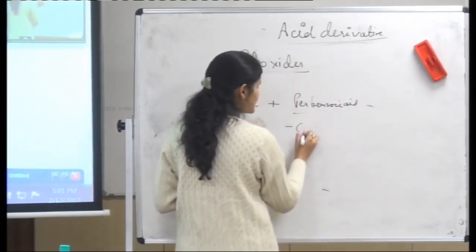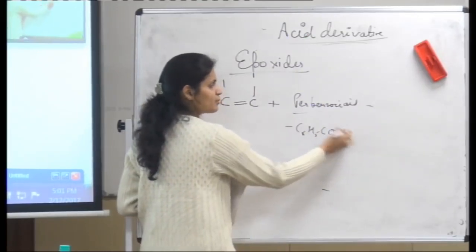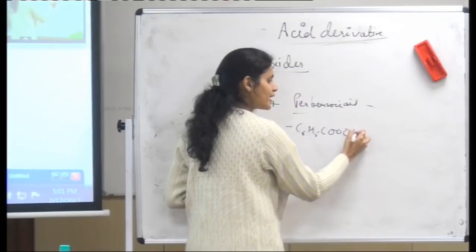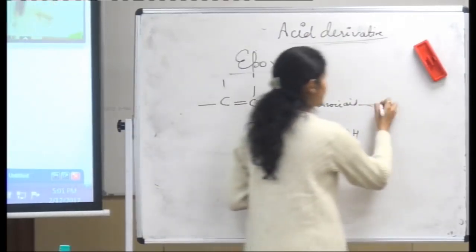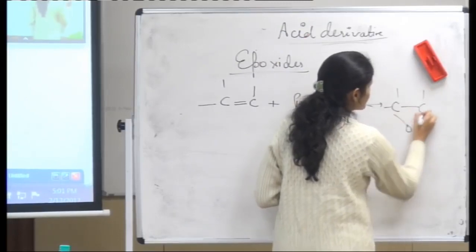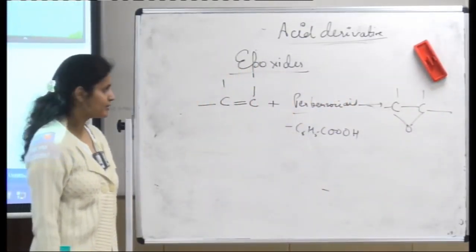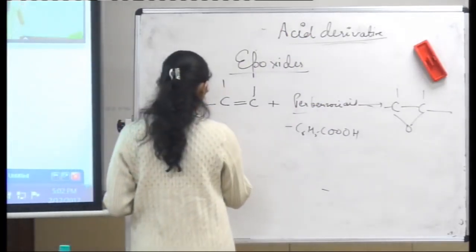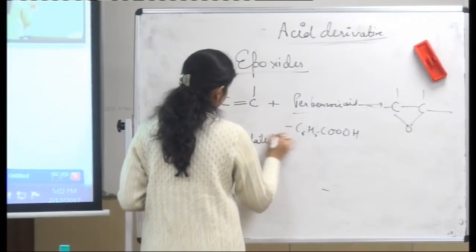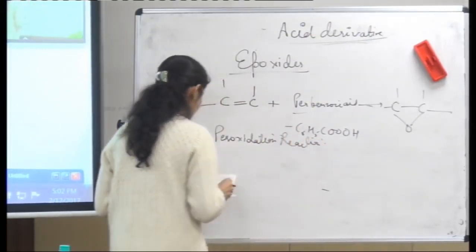Benzoic acid is C6H5COOH, but perbenzoic acid would be C6H5COOOH. So it will introduce an oxygen atom in this double bond, right? This is called the peroxidation reaction.